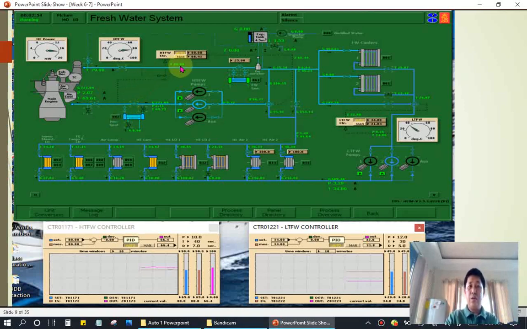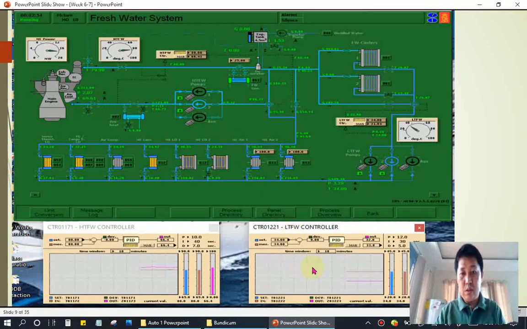Since this controller is working in automatic, there is no need for human intervention or human interaction to control the set point temperature of this cooling water, the high temperature press cooling water to the main engine. So this is for the inlet here.